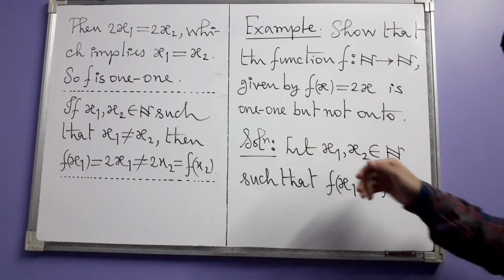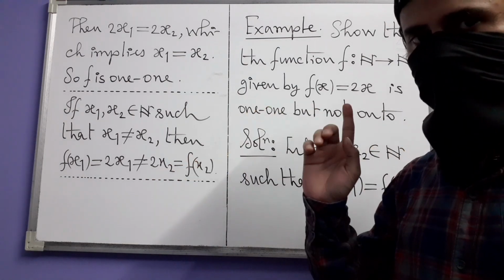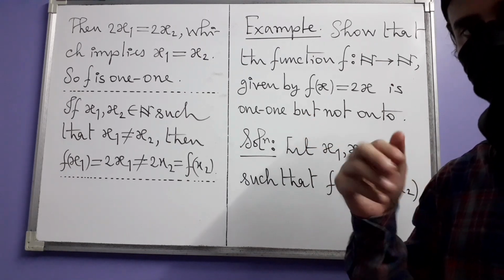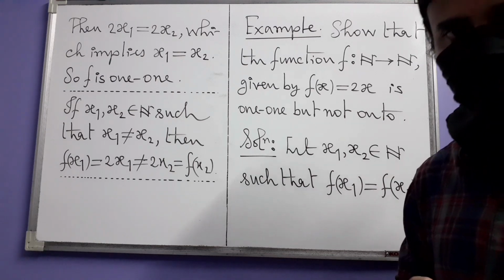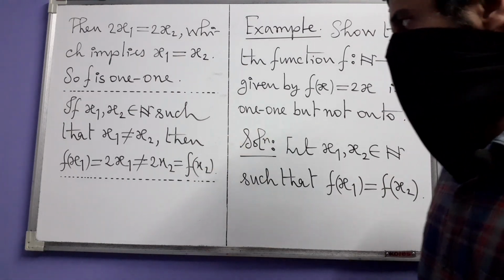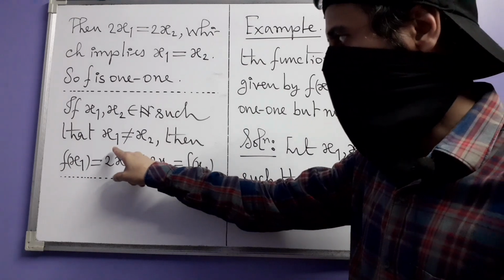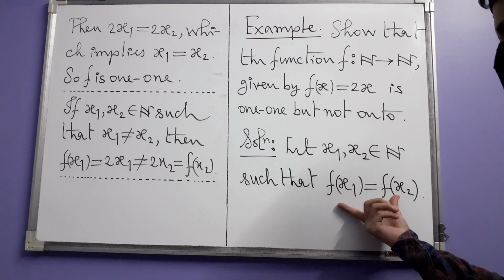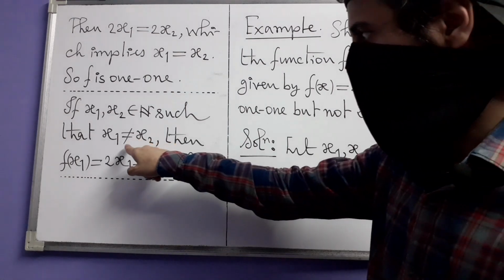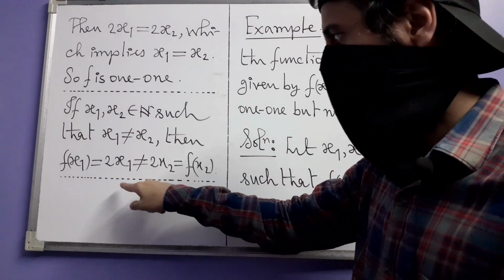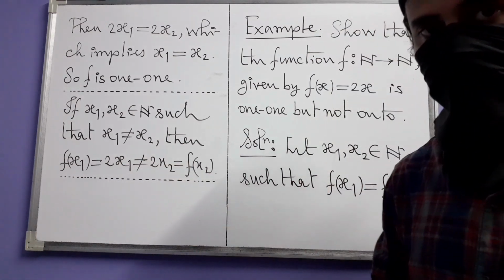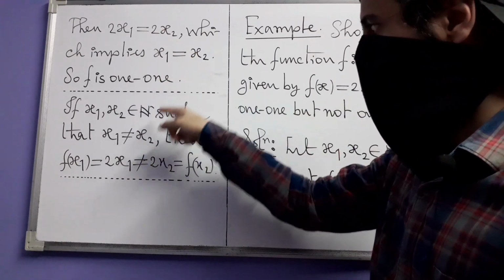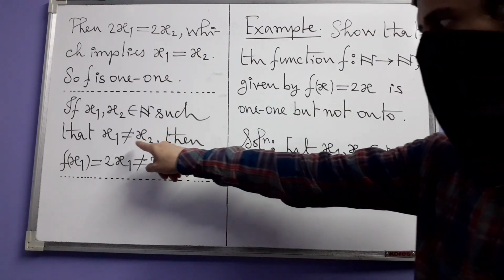Instead of going like this, you can also go like this. You may remember in the previous video we said that there are two equivalent implications, any one of which can be used to prove one-to-one-ness. So in this other method, you take distinct inputs. Here you took equal outputs, here you take distinct inputs. Then their doubles are also distinct, because otherwise if these two are equal, then just like that one, you would get x1 equal to x2, which would contradict your starting point.